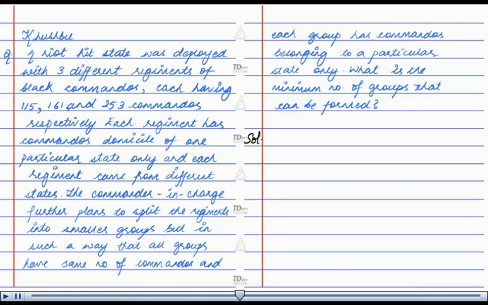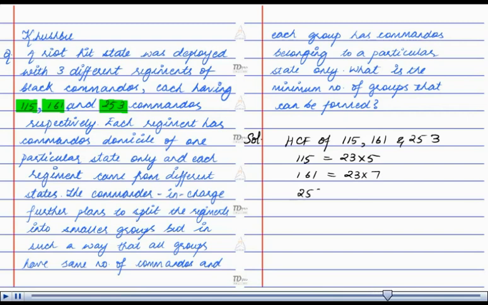Since here we need to divide these 3 groups of 115, 161 and 253 commandos such that each group has equal number of commandos, we simply need to find out HCF of 115, 161 and 253. 115 can be factorized as 23 into 5. 161 can be factorized as 23 into 7 and 253 can be factorized as 23 into 11.